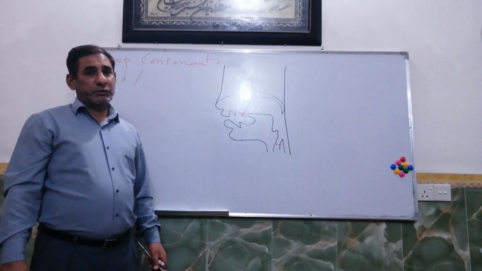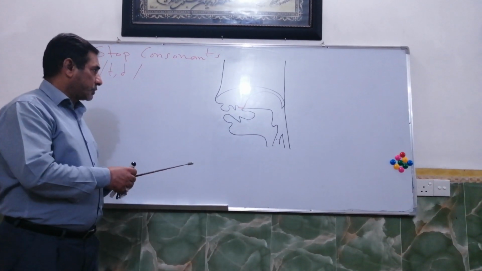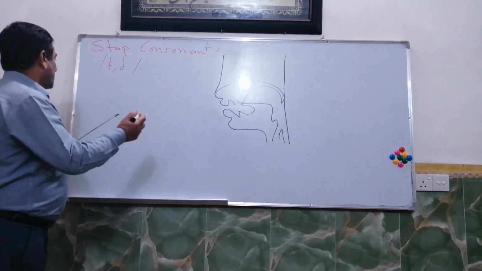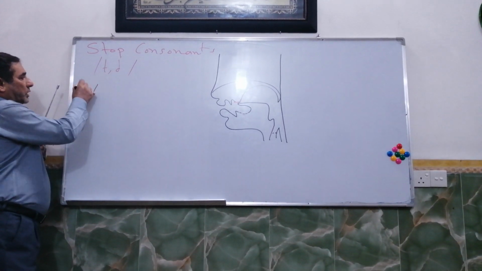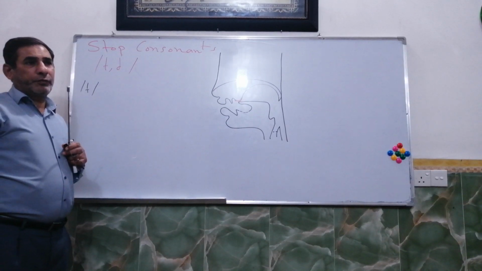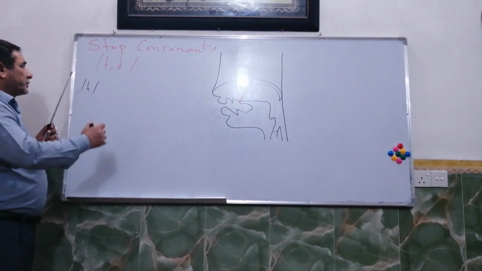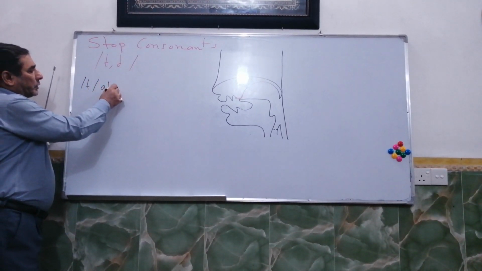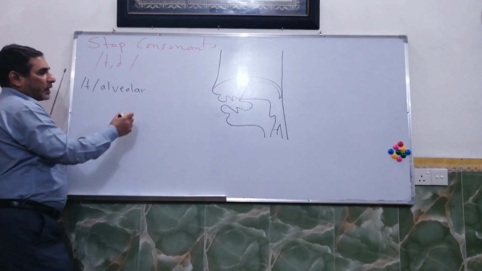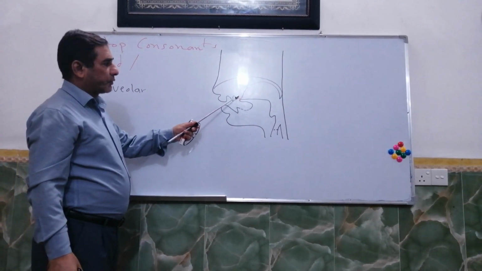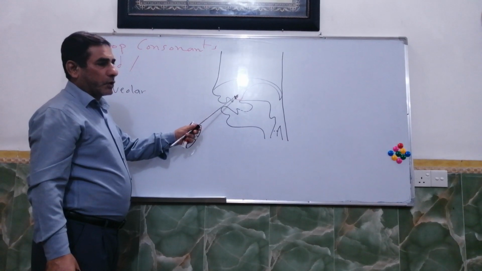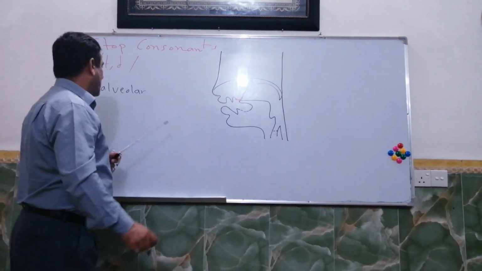Now we go to the description of these two sounds. Now T here, from the point of view of place, let's say it is alveolar. Why alveolar? Because as you see here, the tip of the tongue is in contact with the alveolar ridge. So this is why we say it is alveolar.